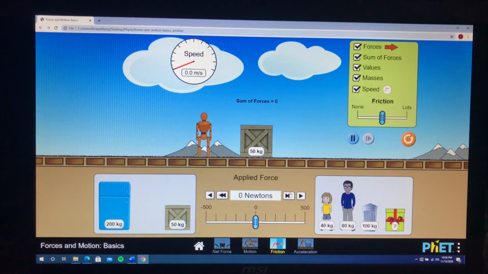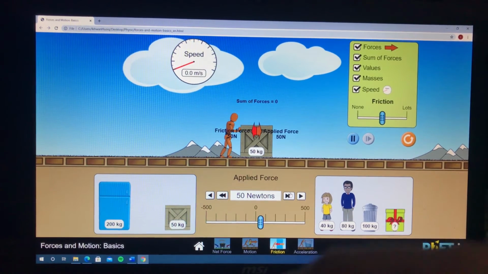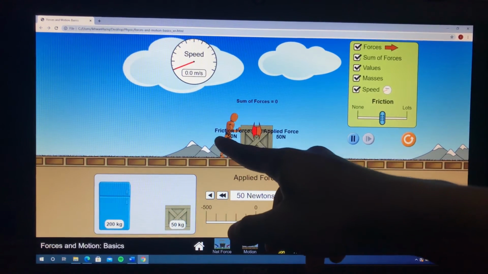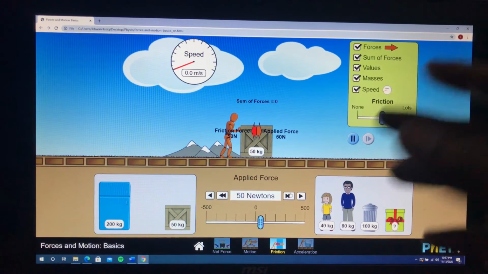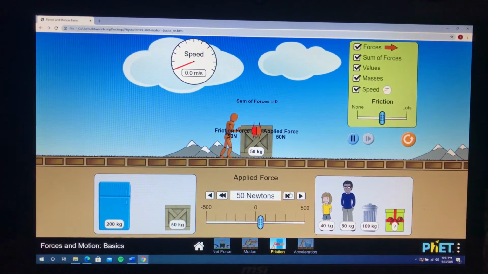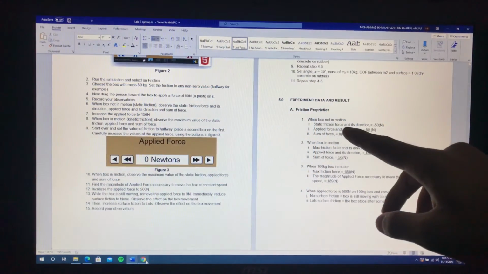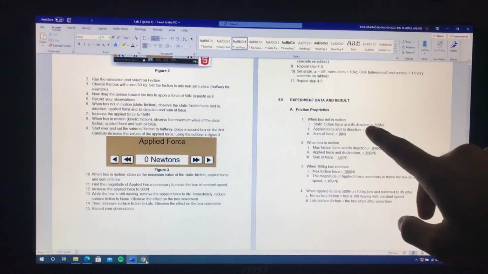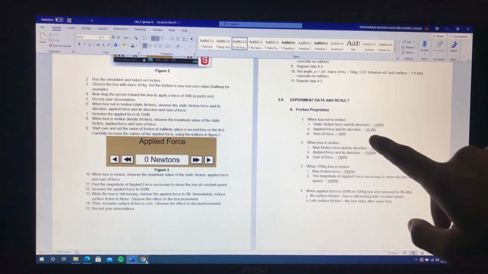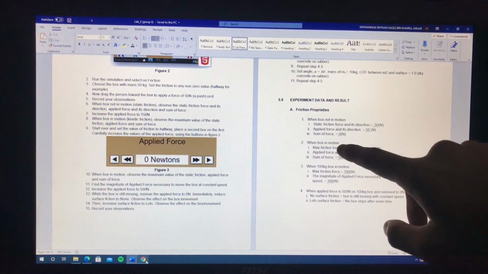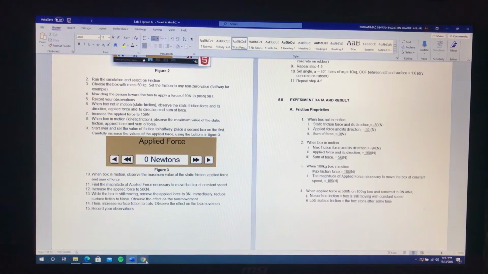So apply force is 50 Newton, and you can see the friction force is negative 50 Newton, and the sum of force is 0. So the result that I get is the same: negative 50 Newton for static friction force and 50 Newton for applied force, and sum of force is 0 Newton.